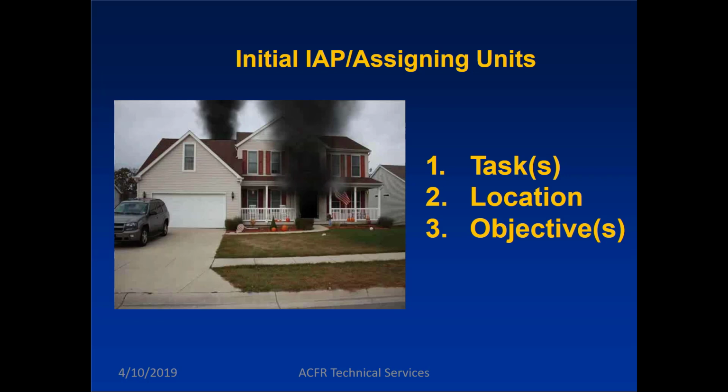If I was to assign engine 24 to bring a 1 3/4 line through the Alpha side to go to the 2nd floor for fire extinguishment and search and rescue, then that tells them the task is to bring a line, the location is the 2nd floor, and the objective is to search and rescue, look for victims, and any fire extinguishment that they may need. So we make sure we give that task, location, objective versus engine 24, take a line to the 2nd floor. That doesn't really give everything that we're looking for them to do.